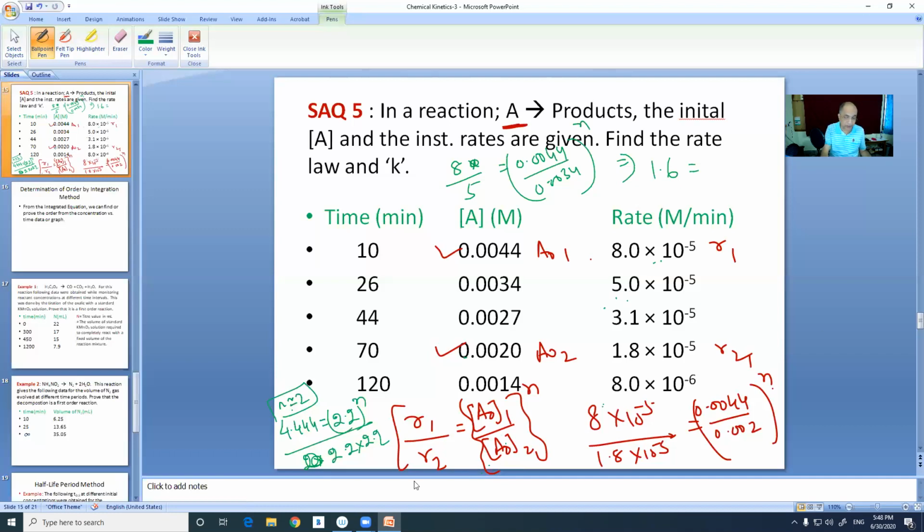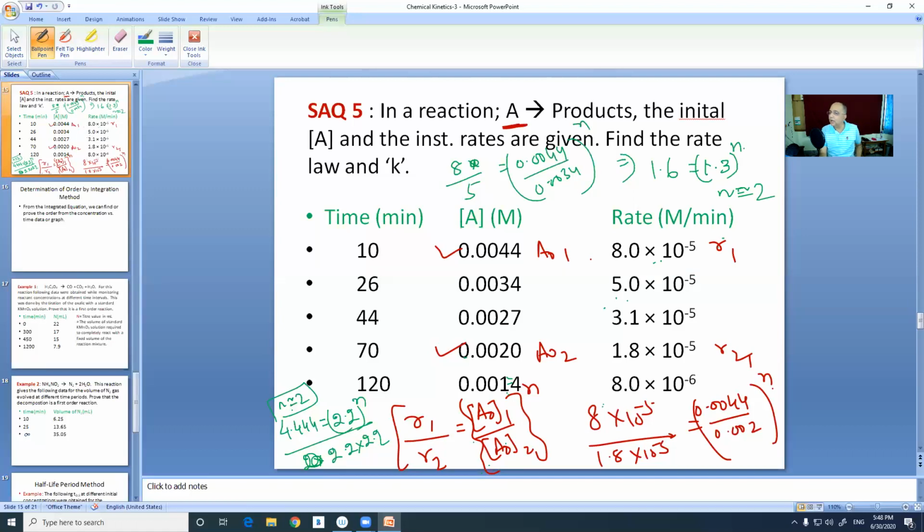We can call it 1.3 to the power n. 1.3 into 1.3, if the power is 2, is 1.69, but it is coming 1.6. So approximately here also n is approximately 2. These are data having experimental error, so we can round off the value. The order is 2, right?